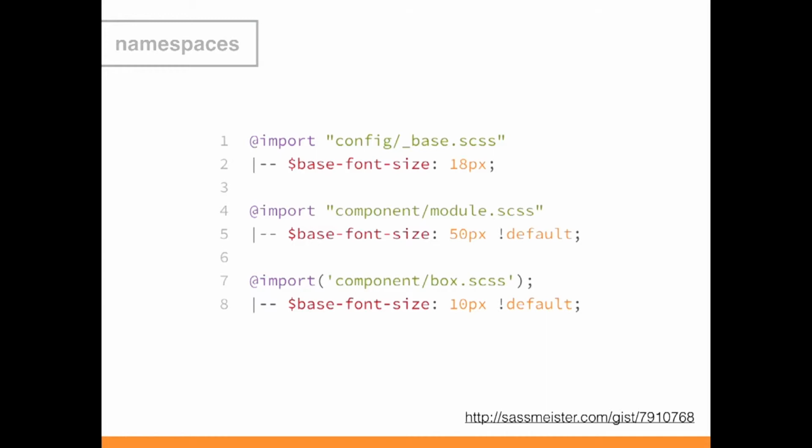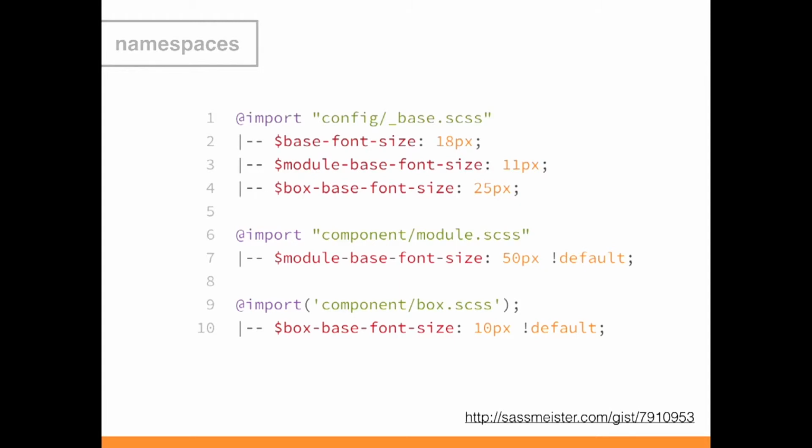Okay, so here's probably an approach that I'd use, simplified just for the purpose of this. You can see immediately that I've namespaced my variables to be module-based font size and box-based font size, and it's immediately obvious that in this configuration file, these variables are going to affect these components that I have within my code.